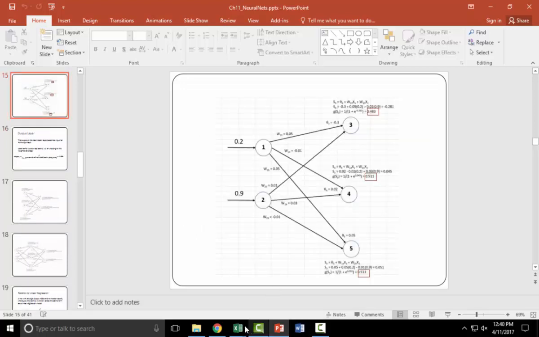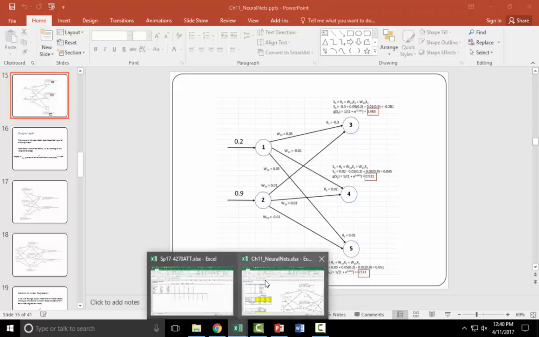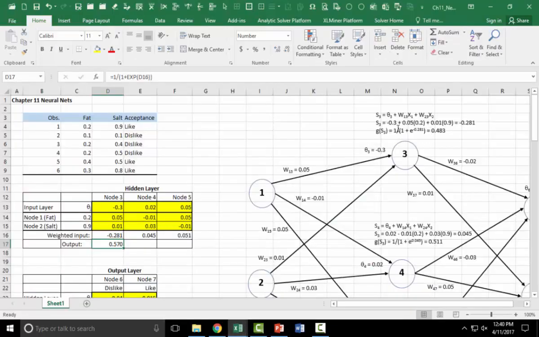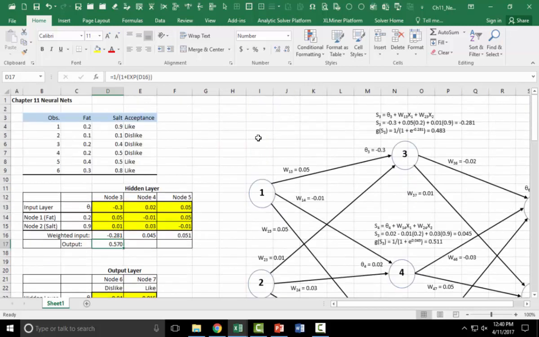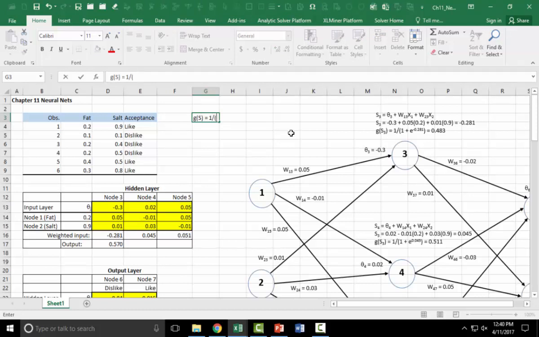I think there is a problem right here. The output function is g of s is 1 over 1 plus exp of minus s.